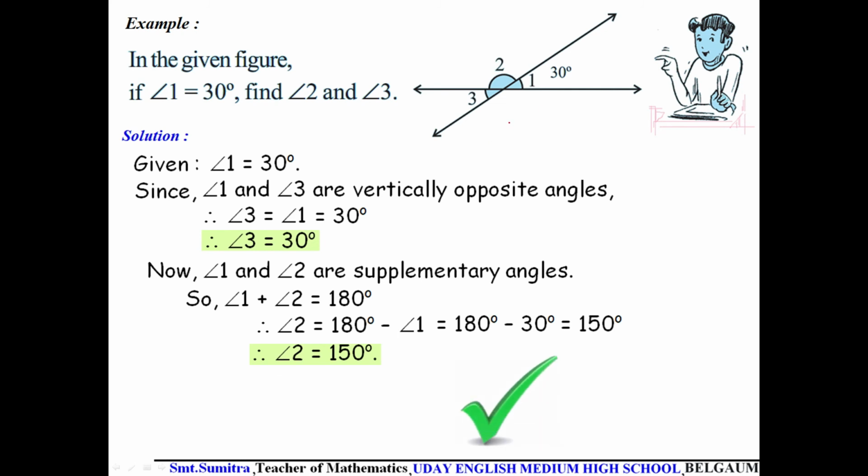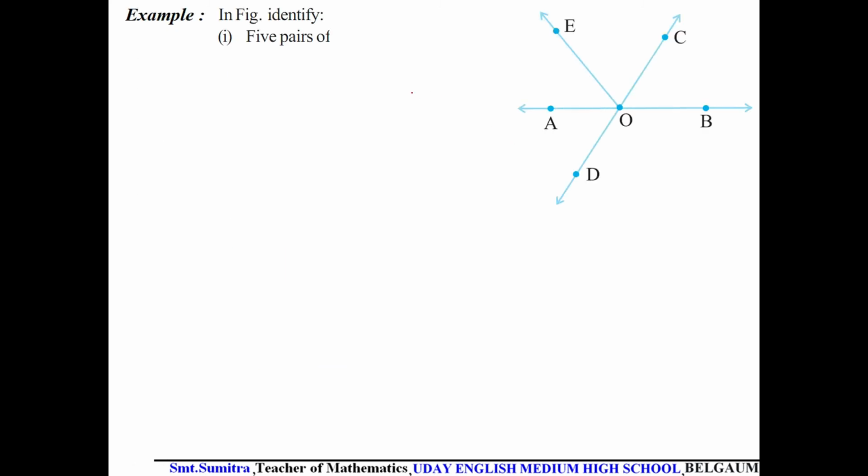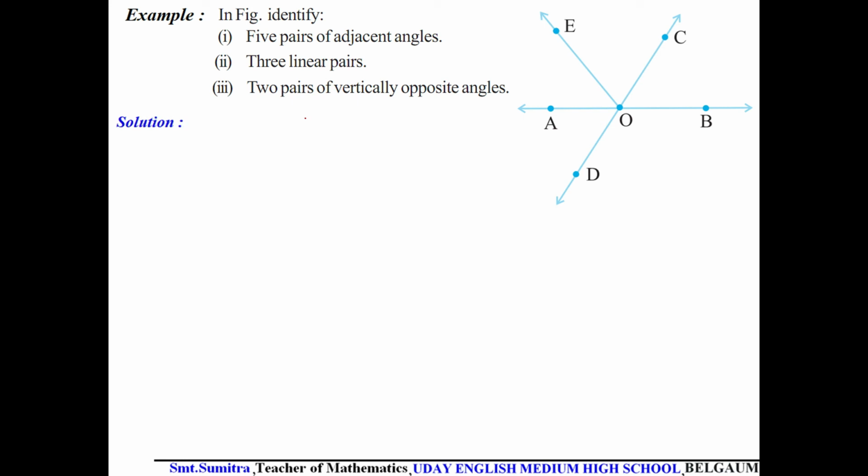Let us see one more example. In the given figure, identify 5 pairs of adjacent angles, 3 linear pairs, 2 pairs of vertically opposite angles. The 5 pairs of adjacent angles are angle AOE and angle EOC.